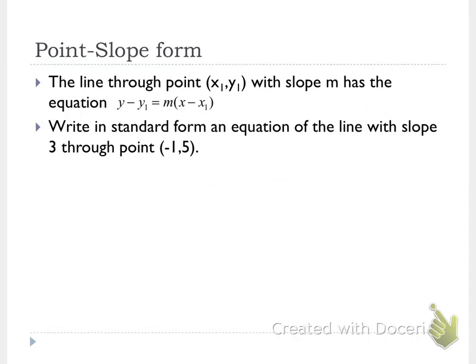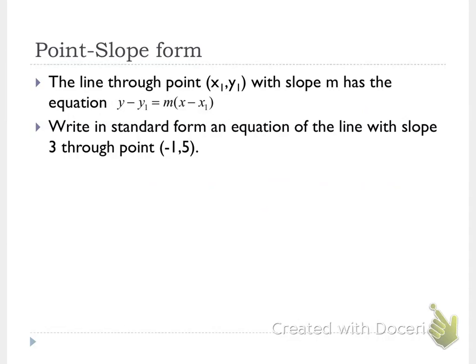Okay, point slope form. That's this form, y minus y1 equals m times x minus x1, where you have a point x1, y1. So it's asking you to find the standard form of an equation of a line with slope 3 through point (-1, 5). So let's go ahead and put it in. The easiest way is to put it in point slope form and then find standard form from that.